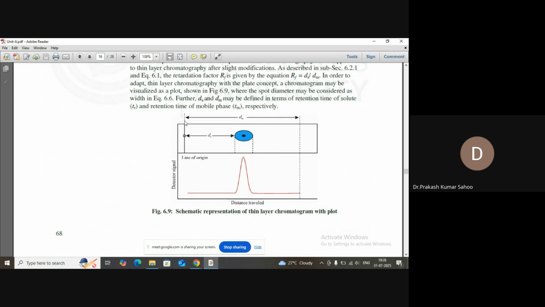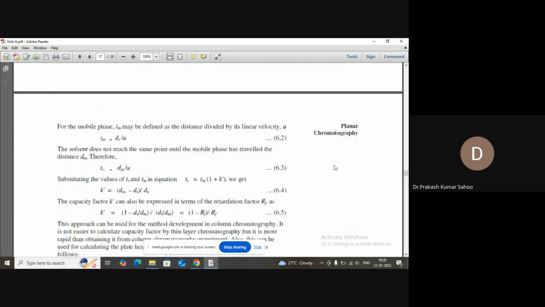Again, this is the line of origin. This is the total distance traveled by the solvent, that is dm, and ds is the distance traveled by the component. So the retention factor will be ds by dm. Here tm equals ds by u.